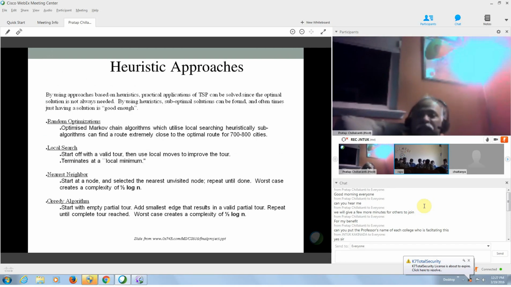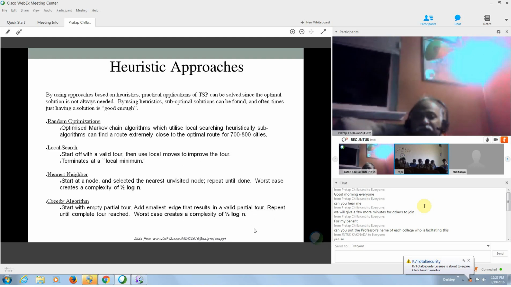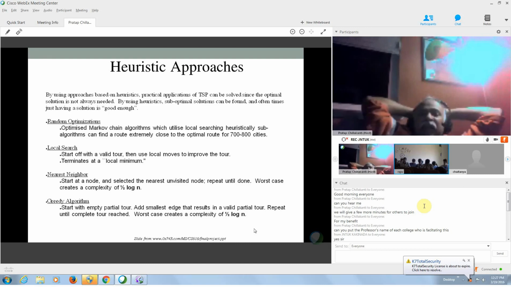In the case of traveling salesman problem, we said that the moment you get into traveling salesman problem, most of these things are called NP hard problems, right? They are very hard to solve.